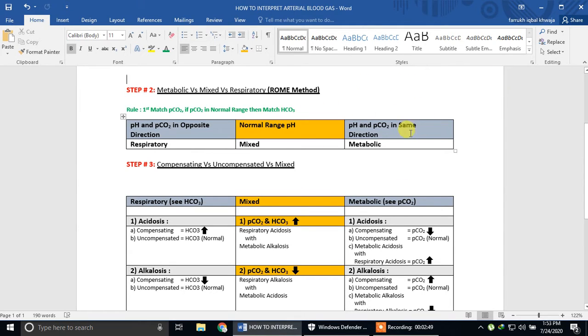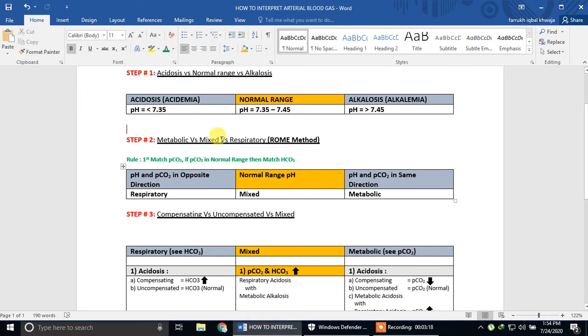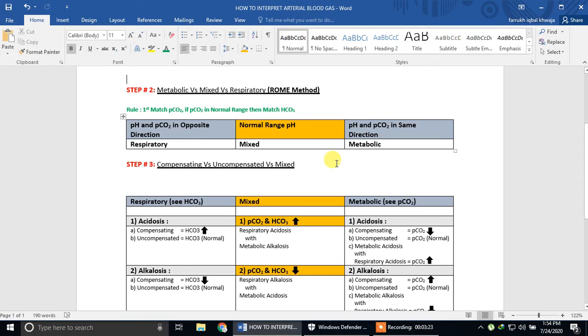In a simple form, we say metabolic means kidney. It is not totally true, but from now on we will take respiratory to mean lungs and metabolic to mean kidney. If the pH is in the normal range, then maybe it is a mixed type. This is the second step, very simple.